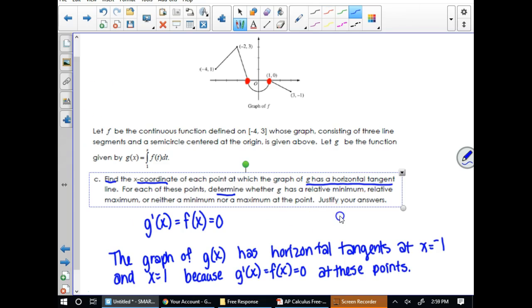So then we have to tell whether each one of those points, negative 1 and positive 1, are relative minimums, relative maximums, or neither at that point.